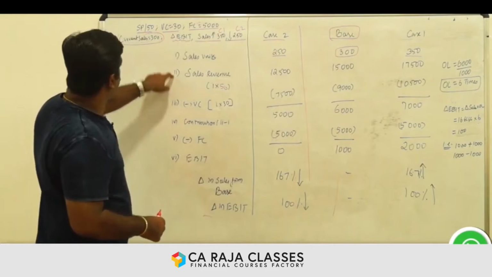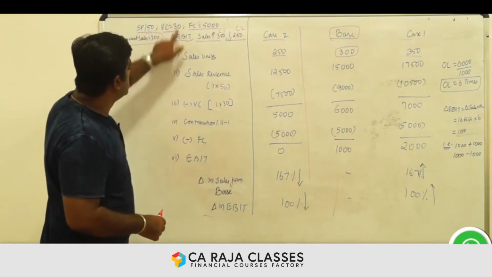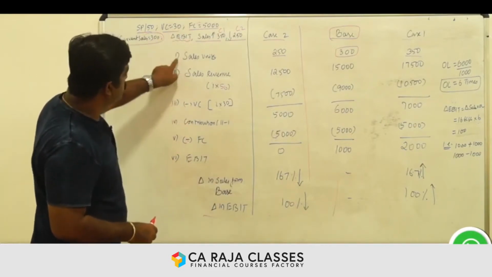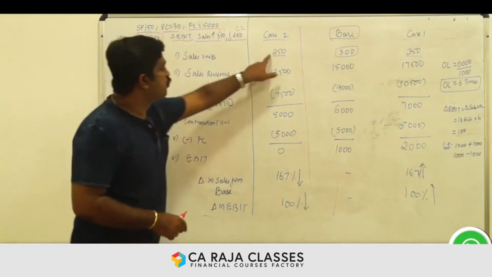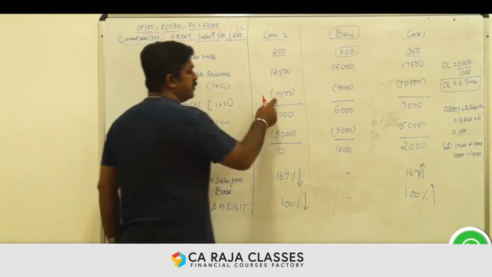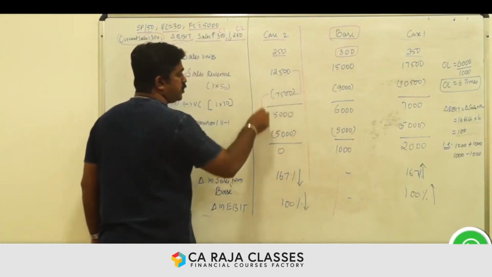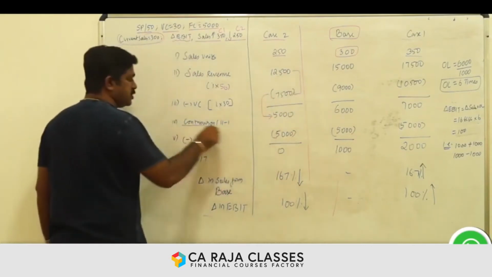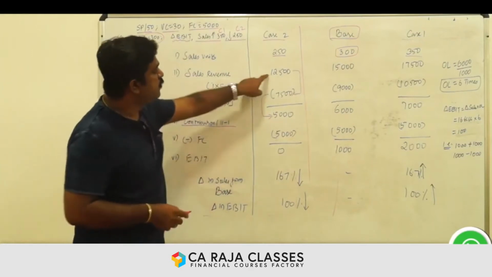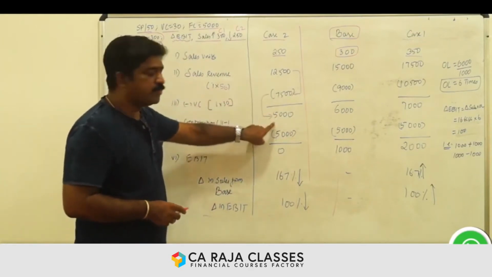From that you have to deduct variable cost. Variable cost is 30 per unit, so 250 into 30, it is 7,500. So 12,500 minus 7,500 gives you contribution, which is 5,000.